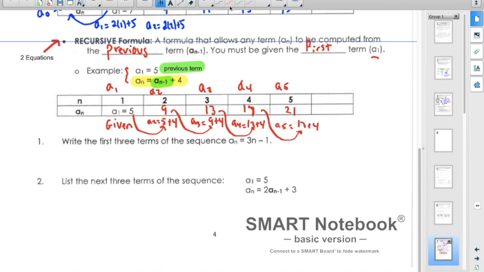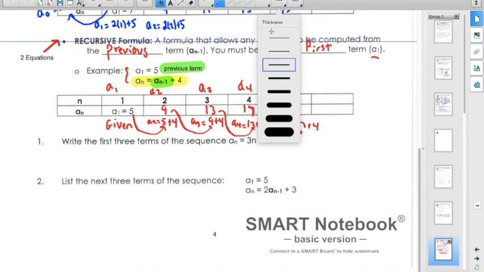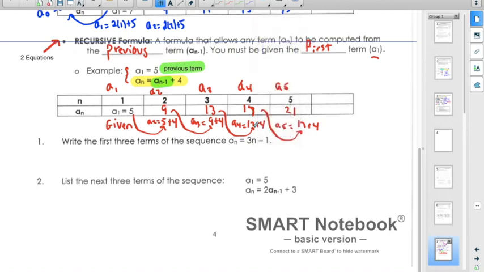Number 1, write the first 3 terms of the sequence a sub n equals 3n minus 1. I think we're getting good with this. Again, this is our dino, D-I-N-O. In fact, I want to find the first 3 terms. Well, the first one, a sub 1, again, I'm going to substitute in 1 for n. So it's going to be 3 times 1 minus 1. Well, 3 times 1 is just 3. 3 minus 1 is 2.